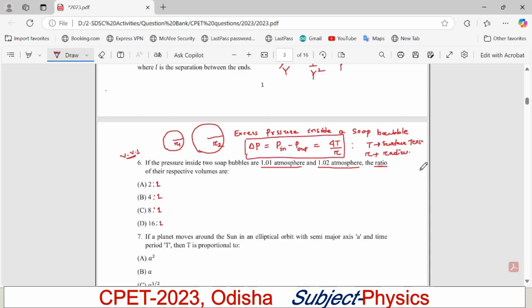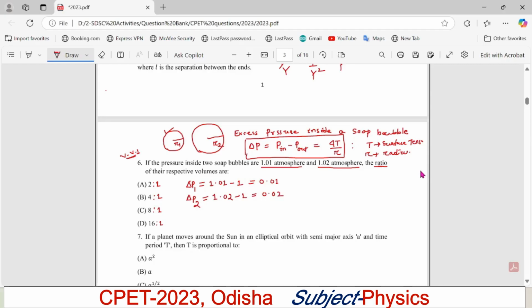Now, the excess pressure for bubble 1: P inside is 1.01, outside is always atmospheric pressure 1, so it is 0.01. Likewise for bubble 2, the excess pressure is 1.02 minus 1, equal to 0.02.